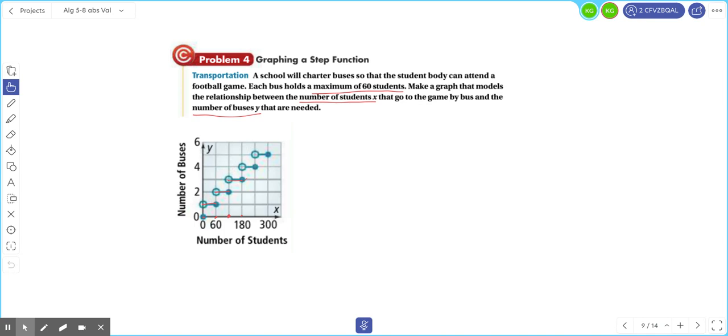We talked about how the absolute value is a piecewise function. And now we're going to contrast that with step functions.